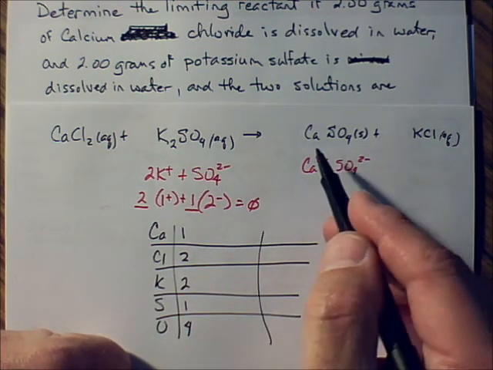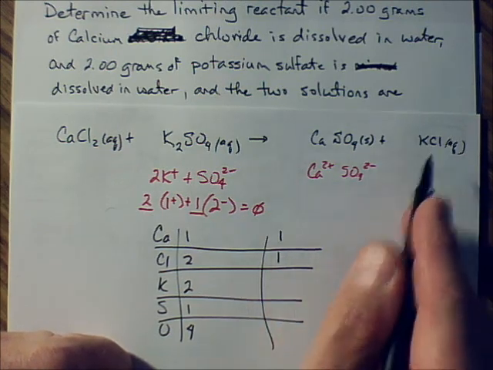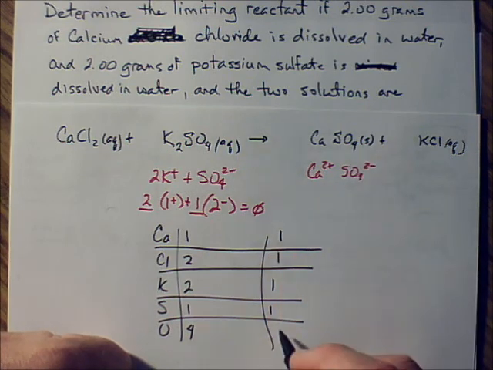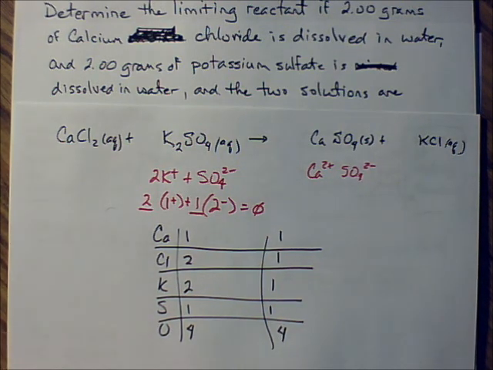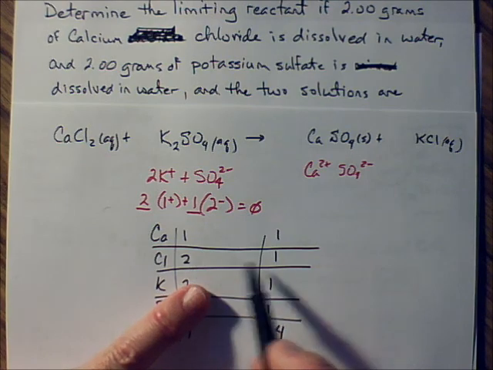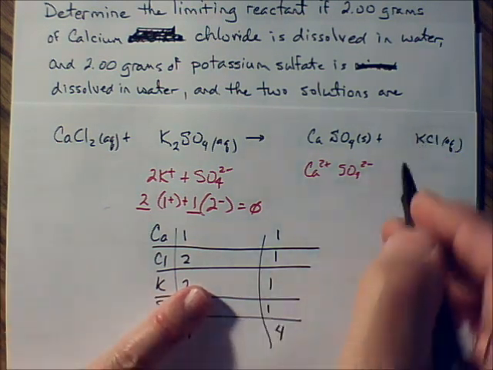On the right side, we've got 1 calcium, 1 chlorine, 1 potassium, 1 sulfur, and 4 oxygens. We always save oxygen for last. What do we want to balance first? Calcium's already balanced. Chlorine. So what do I put in front of this to give me 2 chlorines?